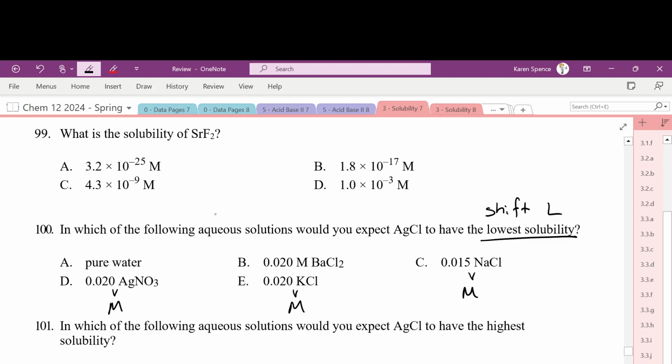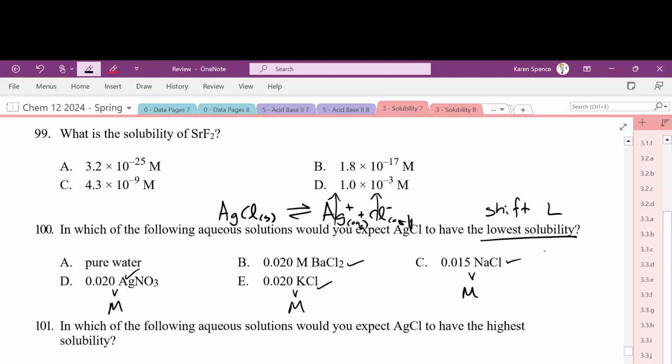So we're looking for things that will increase the concentration of silver or increase the concentration of chloride. Oh, look, silver, chloride, chloride, chloride.